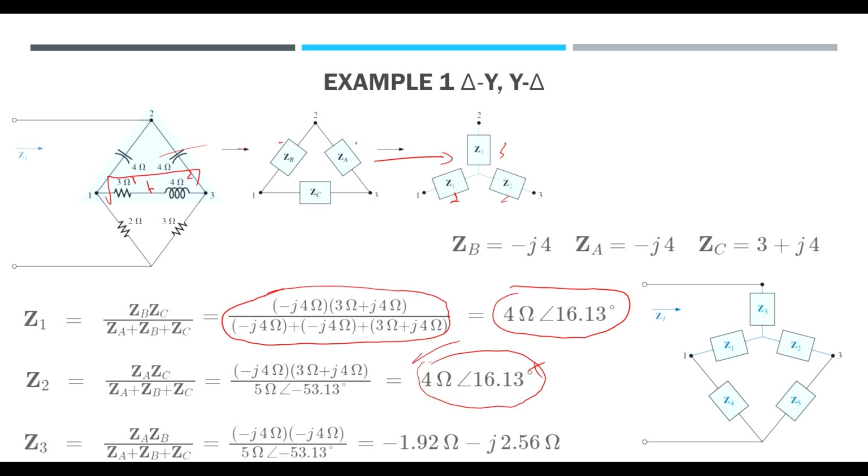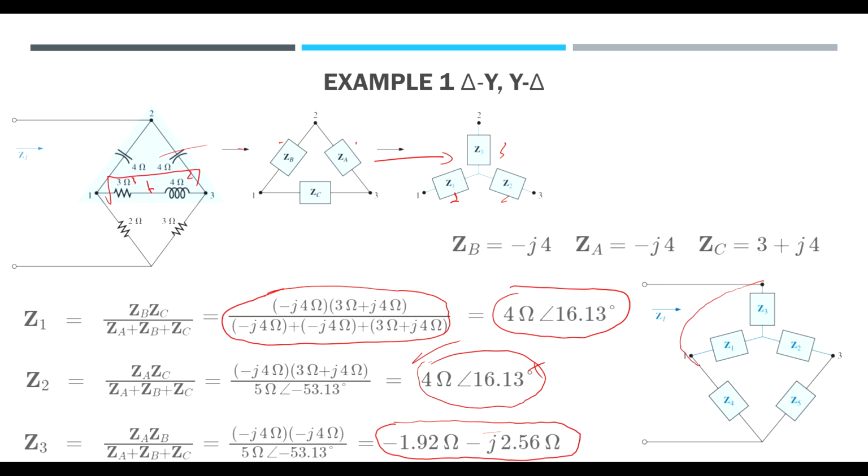Then Z3 is going to be the value of all this expression, which is negative 1.92, negative 2.60, negative 2.56 imaginary, because remember, this is a phasor. You can turn it into phasor form by taking the square root of each element. But the point here is that we have Z1, Z2, and Z3, which we'll plug in right here.